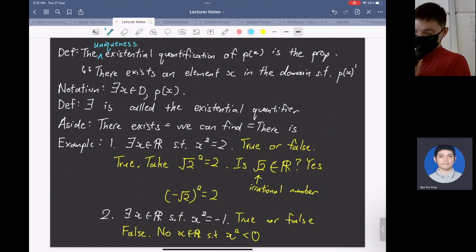There exists a unique element x in the domain such that P(x). So it's unique, exclamation mark, unique. Again, it's a unique one.